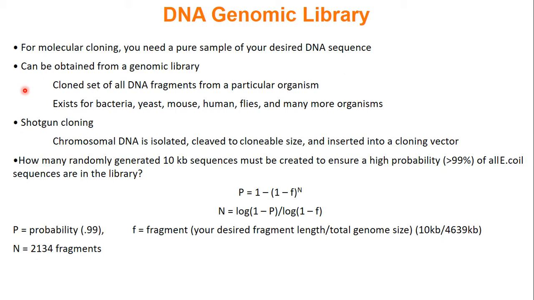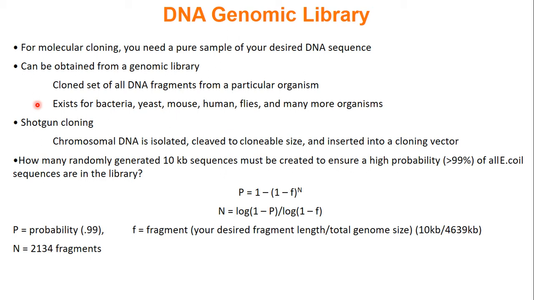A genomic library is basically the clone set of every single DNA fragment from a particular organism. Genomic libraries exist for bacteria, yeast, mouse, human, flies, and a bunch of organisms. They're owned by companies, so you can buy those for your research purposes.